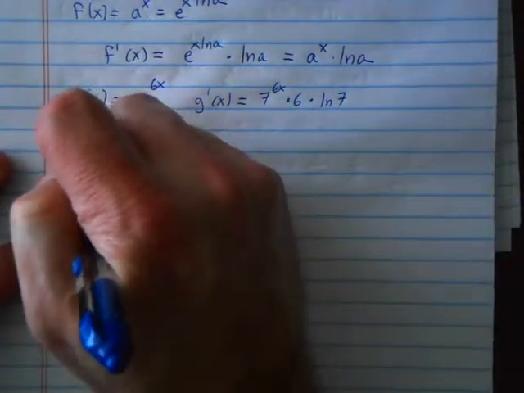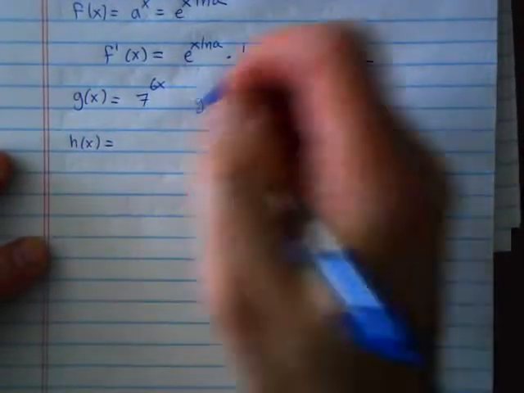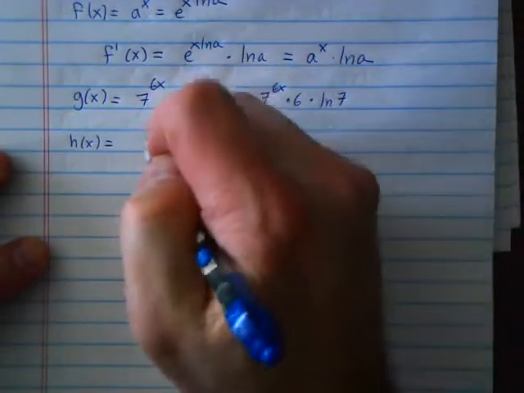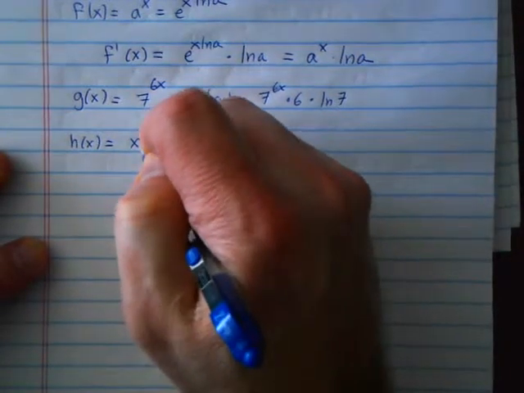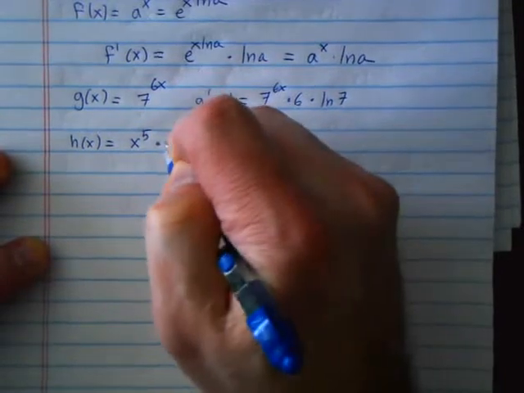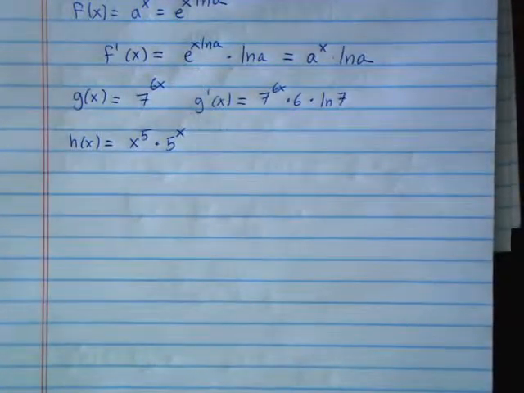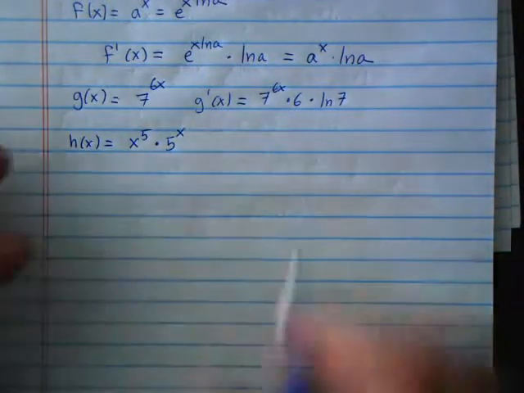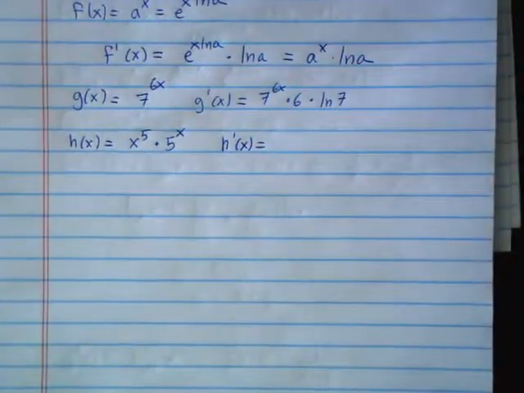Alright, h of x is, I don't know, x to the 5th times 5 to the x. Oh, that's a good one. Let's make that one up. What rules do I need to use for h prime of x? I need the product rule.